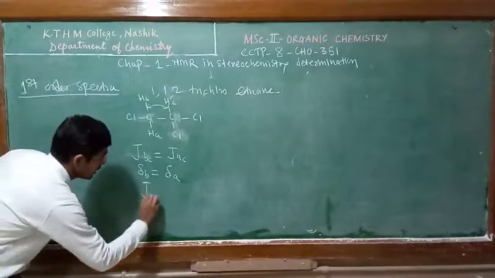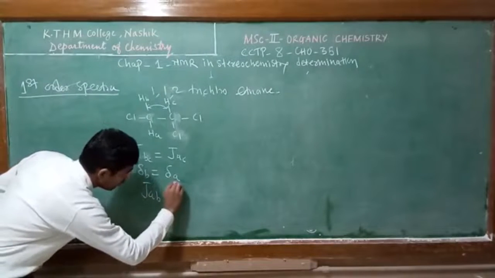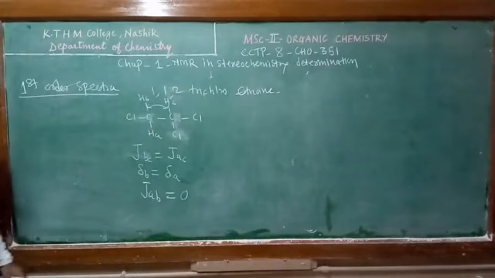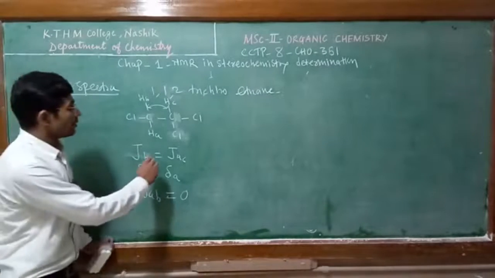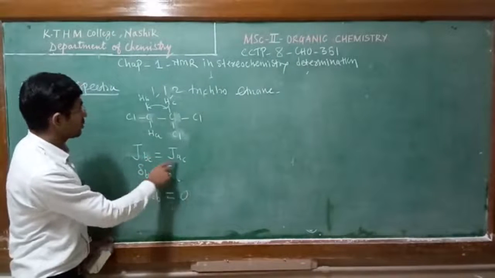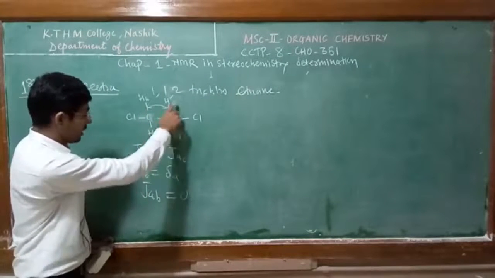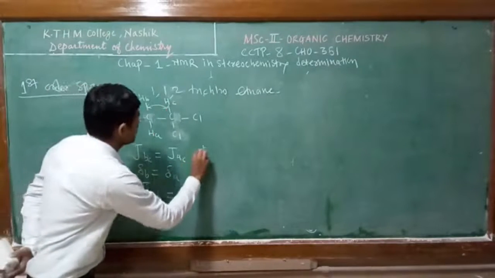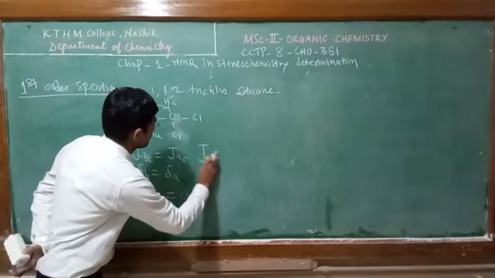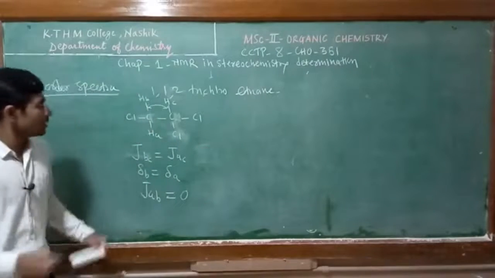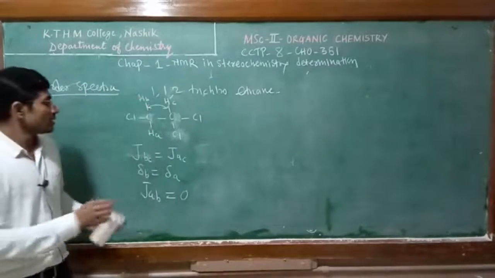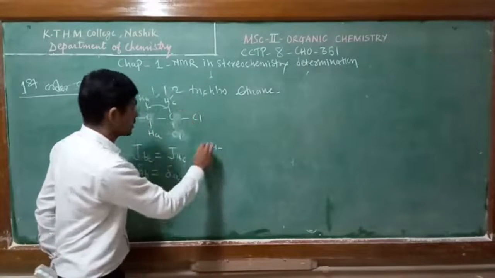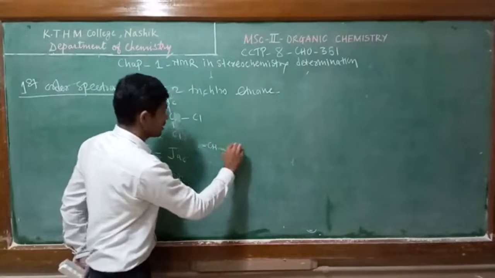Also JAB, they are not coupled to each other, meaning this value is 0, meaning geminal coupling is not possible here. So here this value is also the same, JBC and JAC. So here the methine proton is split and gives the signal that is the triplet.